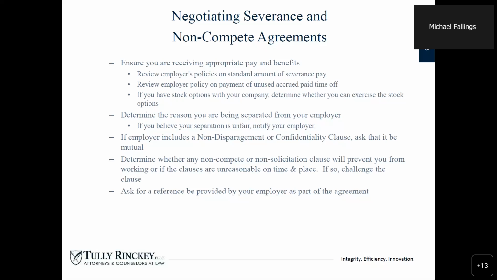Of course, there may be situations where a reference may not be needed or desired from your employer, but it may be helpful, especially in a separation that's somewhat disagreeable between the employer and the employee. It may be helpful to ask for a reference to ensure that the employer does not make any negative remarks to a future employer that you may be applying to.